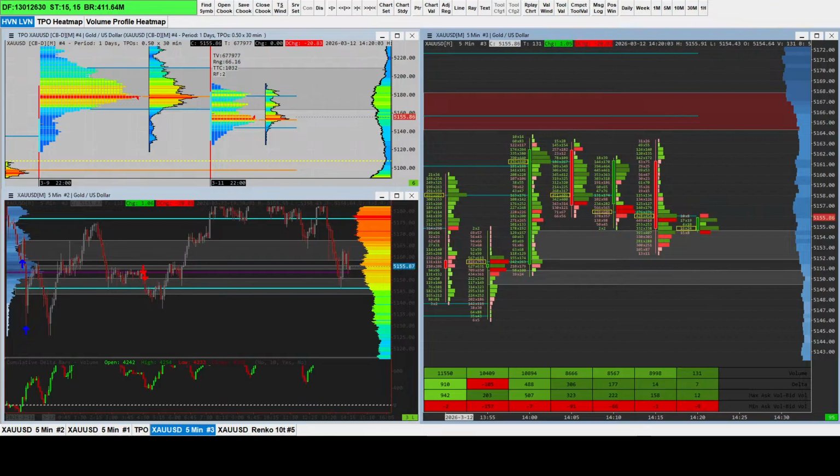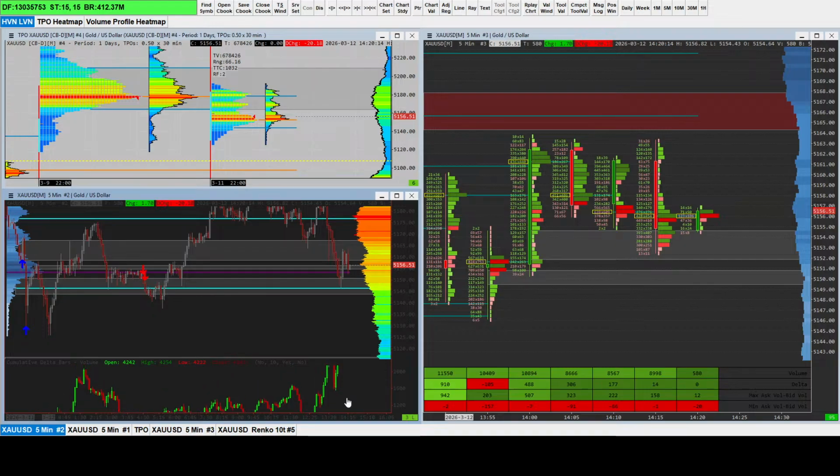6573, which is 8 handles, right? 8 handles, yep. Oh, this is expanded a little bit.